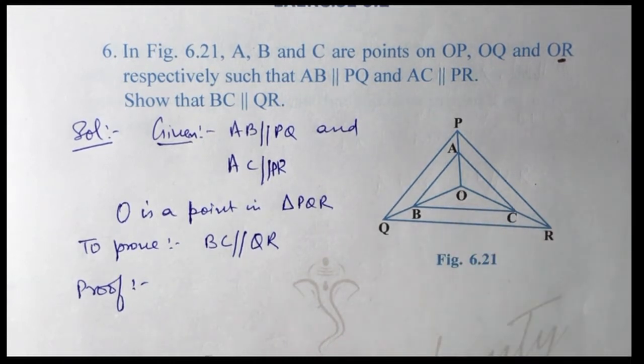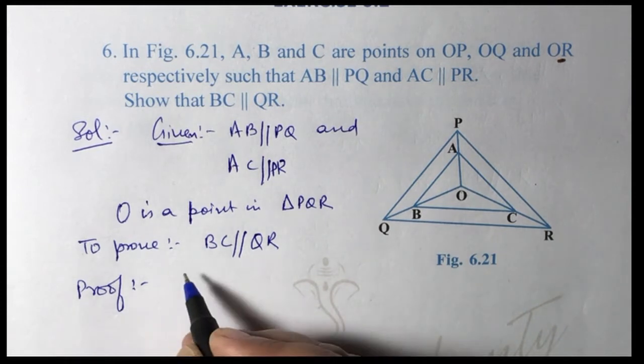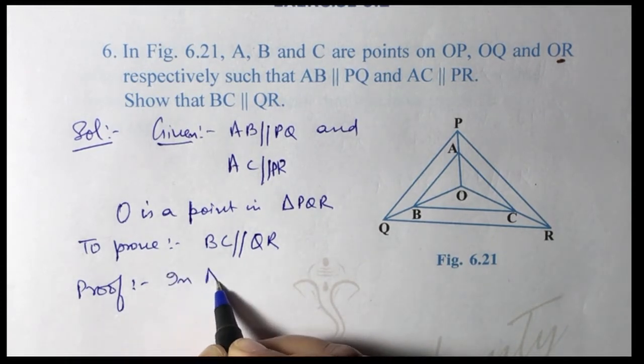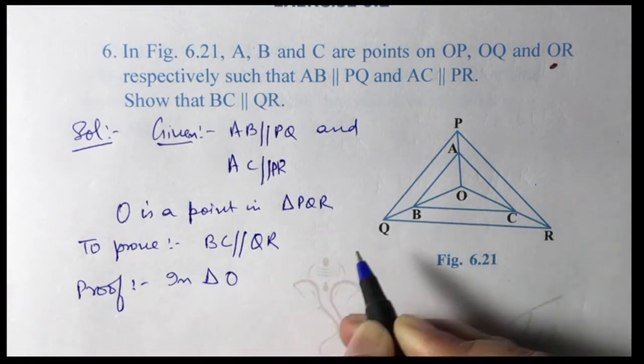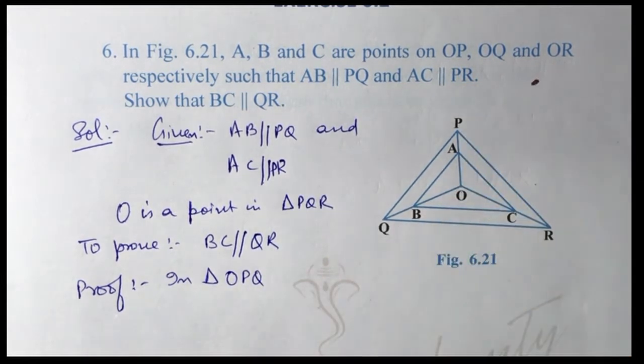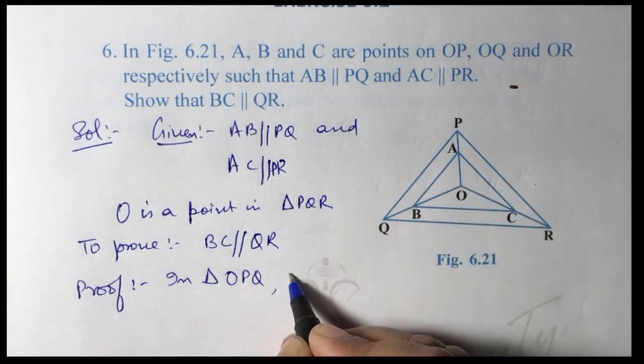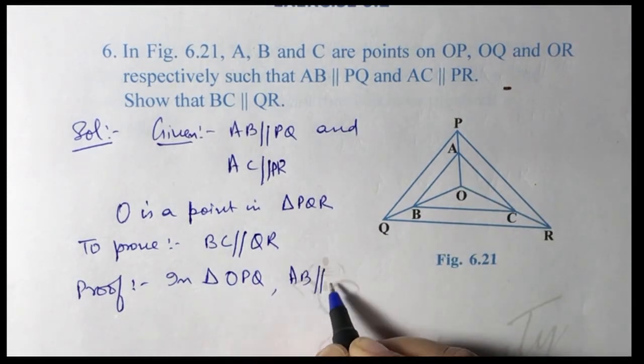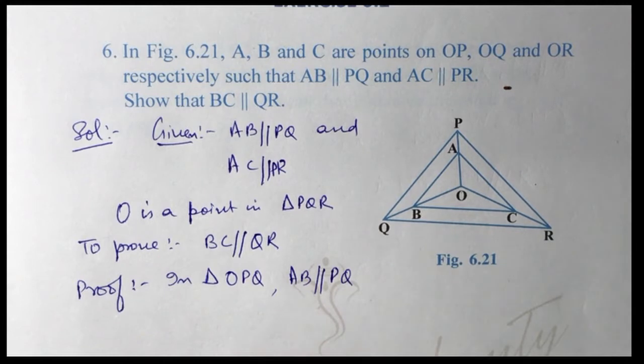Let us start. In triangle OPQ, you know that AB is parallel to PQ. It is already given. So if AB is parallel to PQ, then what can you write?